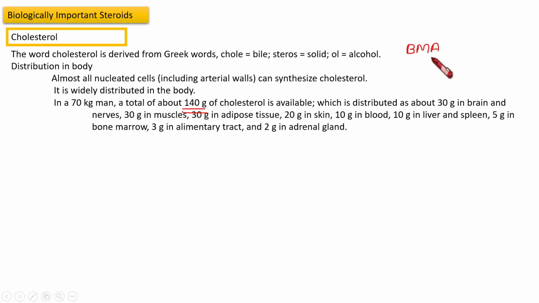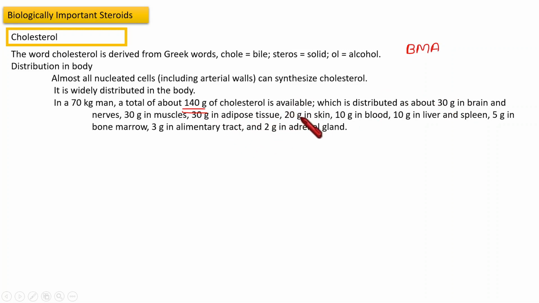Maximum amount means the amount that is normally possible for the 70 kg man. It is 30 gram. Commonly, 30 gram is possible. It is healthy to have 30 gram in brain, muscle, and adipose tissue.